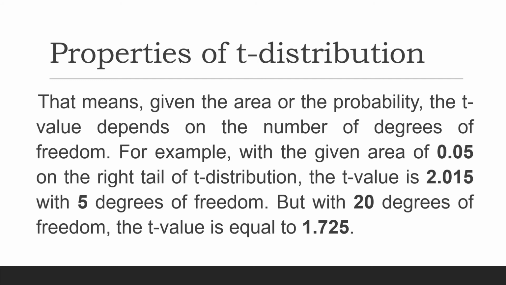For example, with a given area of 0.05 on the right tail of the t-distribution, the t-value is 2.015 with 5 degrees of freedom, but with 20 degrees of freedom, the t-value is equal to 1.725. Now take a look at the next slide.